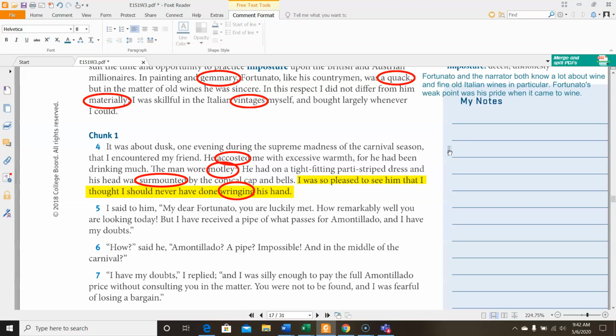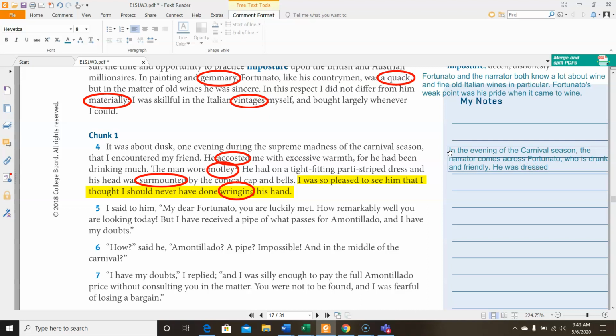So in the evening of the Carnival season, the narrator comes across Fortunato, who accosted me with excessive warmth, meaning he was super friendly because he had been drinking, who is drunk and friendly.